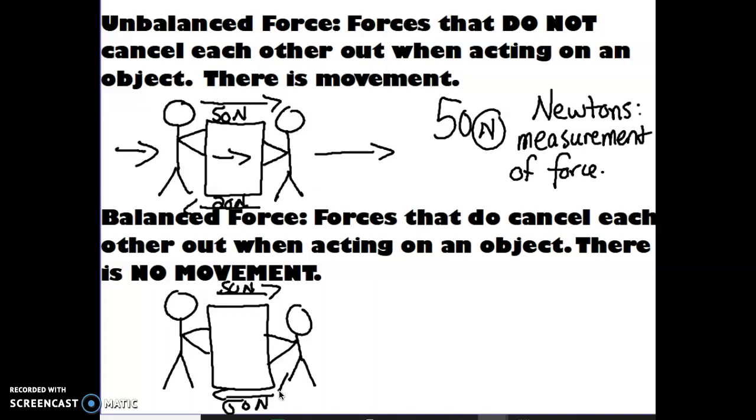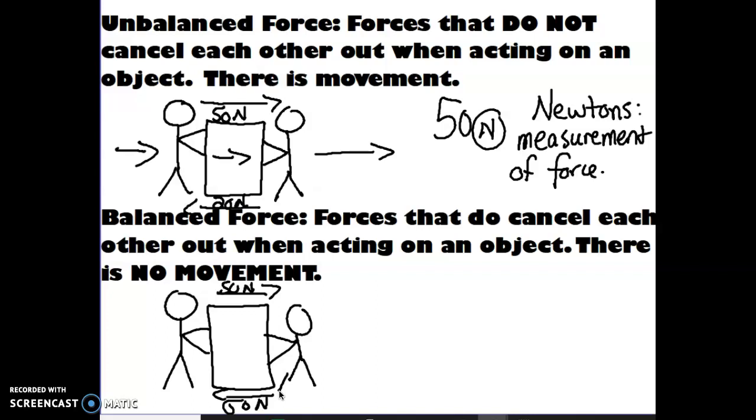Now, one of the things that they love to put on the test and talk about a lot is typically not people pushing boxes. It's tug of war. It's one of their favorite things to use as examples of balanced and unbalanced forces.